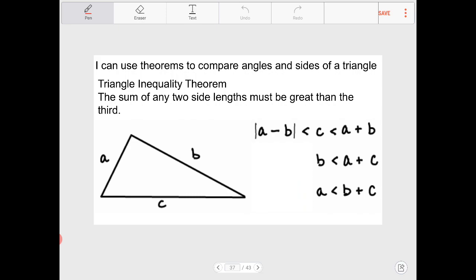The whole point is to find out how far apart the two numbers are. That's all it is. Side length B must be greater than the difference of A and C, again in absolute value, and side length A must be greater than the difference of B and C.